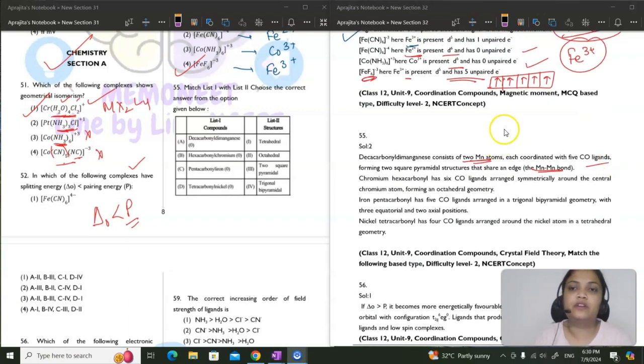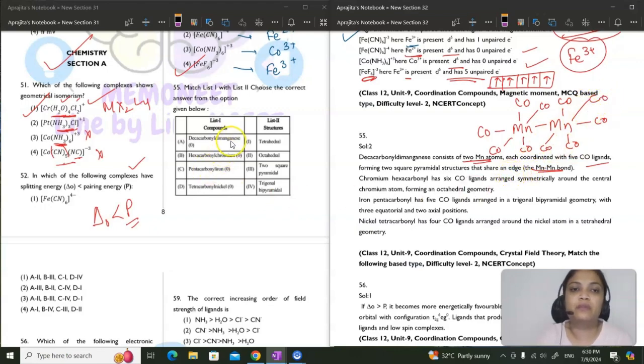So if I draw here, you can see 2 manganese with one manganese-manganese bond, then there will be 5 ligands on each of the manganese atoms like this. Okay, all right, so this will be the structure. So you can say 2 square pyramidal structures, A3.